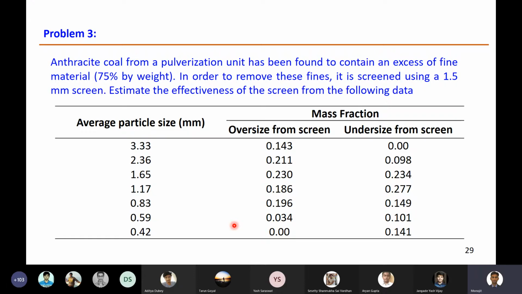One is oversize from the screen, another is undersize from the screen. So once we take the entire mixture that came out as oversize from the screen, then how can we get these data from that mixture? Okay, let me reframe the question. We have only one screen, a 1.5 millimeter screen. So how are we getting this many data?